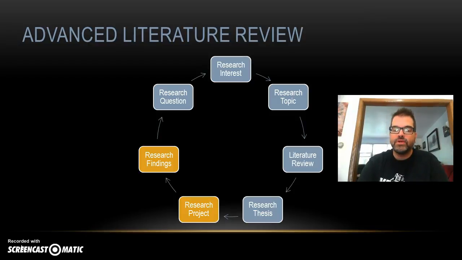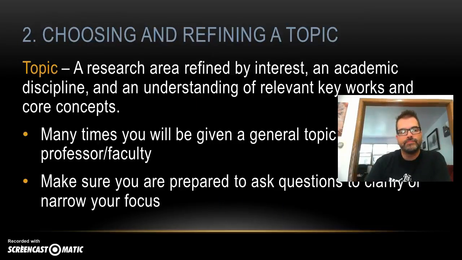At this point, however, you will identify gaps in the literature, and your research thesis will be set out to fill one of those gaps by conducting a research project. And then you'll take those research project findings and apply those to your research thesis in order to answer your research question. So those are the 2 main differences.